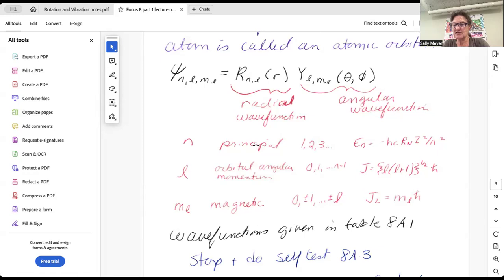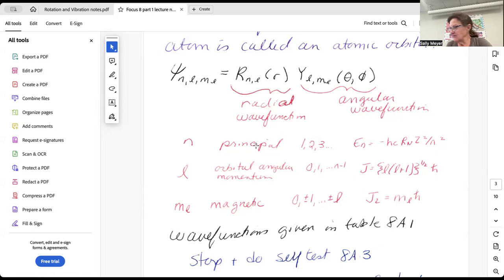So you can get the projection of the angular momentum on the z-axis, which is sometimes called space quantization or orientation quantization. It can't have any orientation relative to the z-axis. Those values are quantized. So Jz, the projection of the angular momentum on the z-axis, is equal to M sub L times h bar.